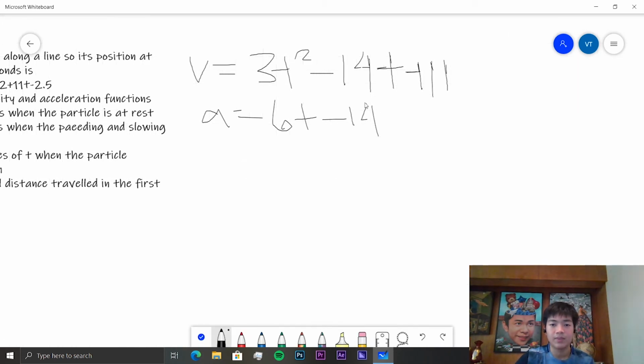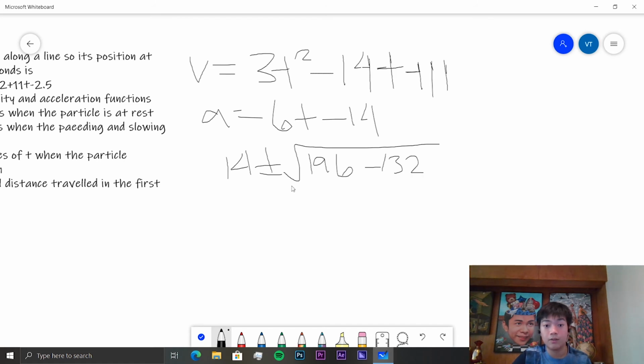So we have 14 plus or minus the square root of 196 minus 4 times 11 times 3. So that's 11 times 12, that's 132, all over 2 times a is 6. So 196 minus 132 is equal to 64. So it's 14 plus or minus 8 over 6.